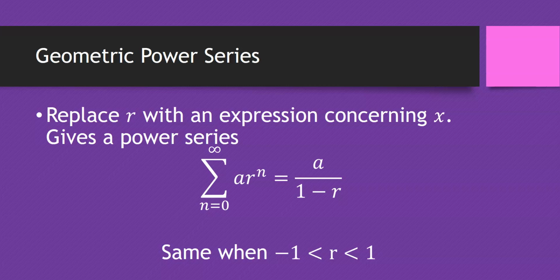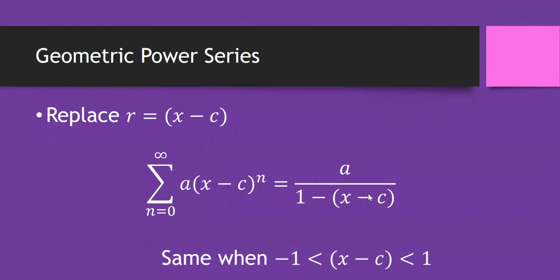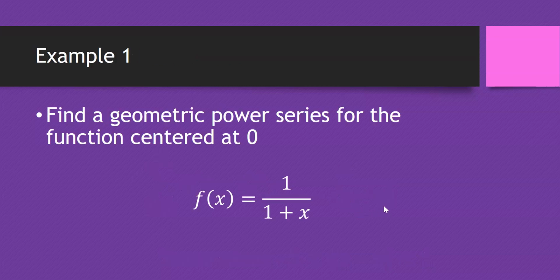We'll say our function can be written as something that looks like this, and we'll go backwards and get the power series based on this equivalency when r is between -1 and 1. By the way, replacing r with x minus c, that's what we're always going to do. So we're always going to be looking for x minus c there.